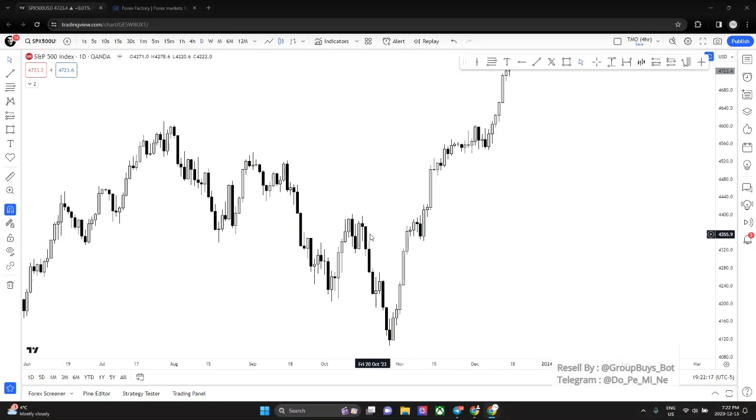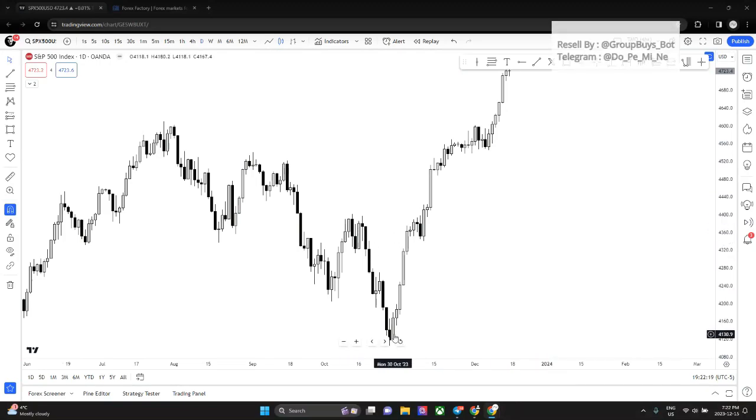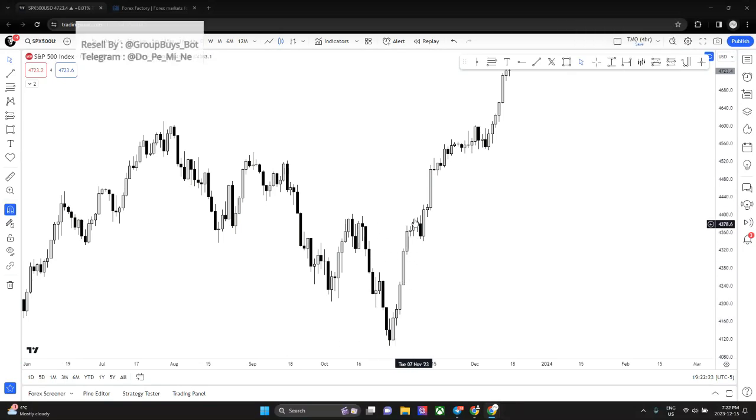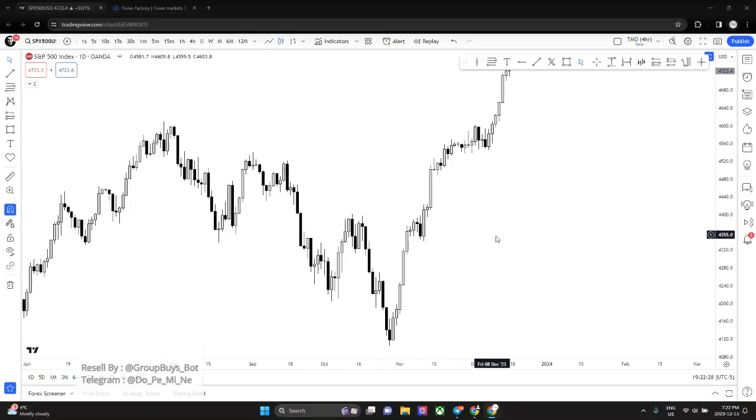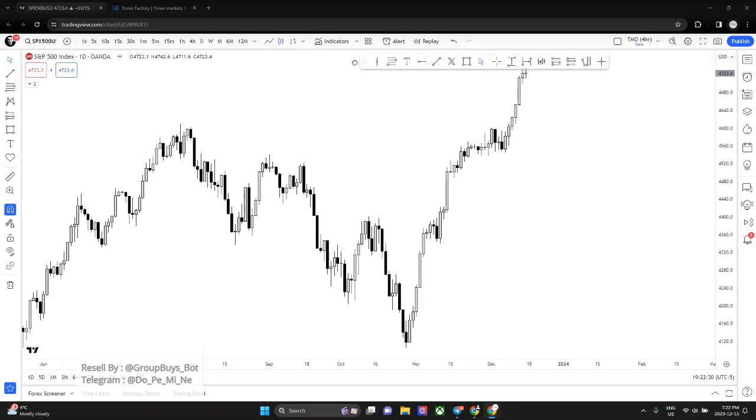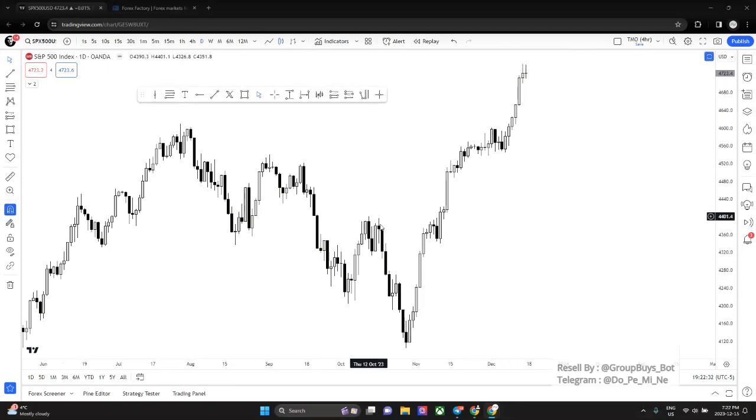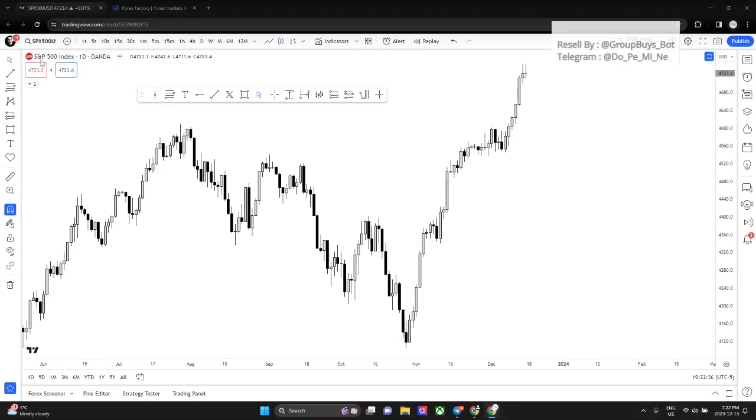Sometimes you'll see the stock market going down and the crypto market going up. If you ever see that happening, then you can anticipate a stop run in regards to crypto, Bitcoin, Ethereum, whatever you're looking at, and then anticipate the market to correct in the same direction in which the stock market is.